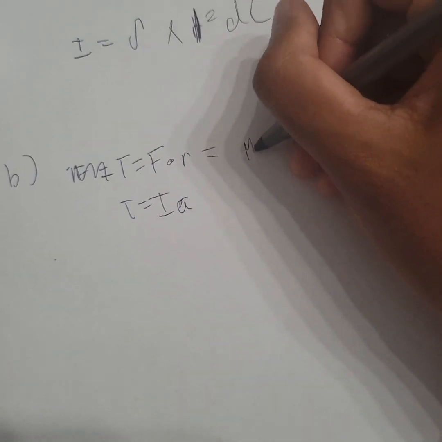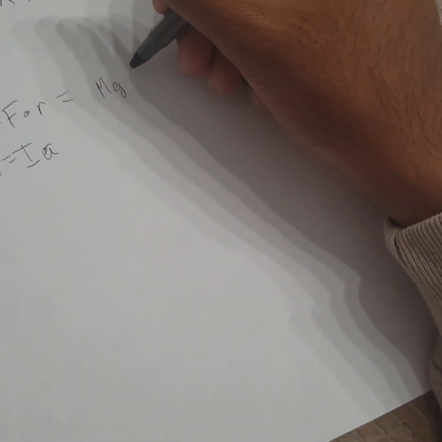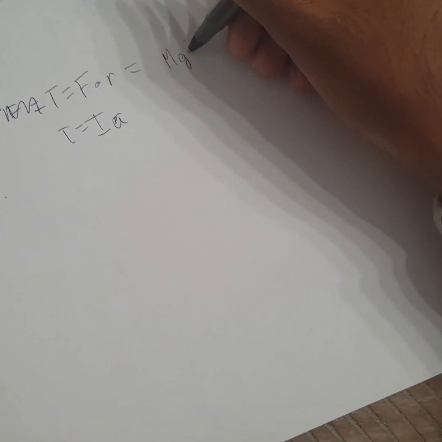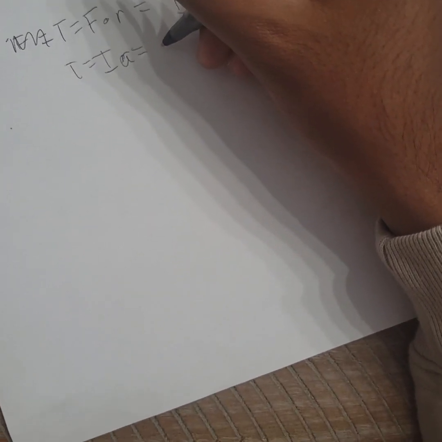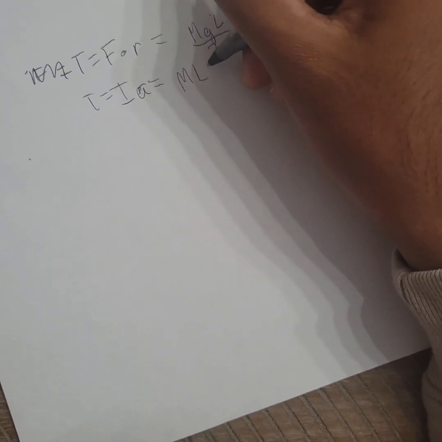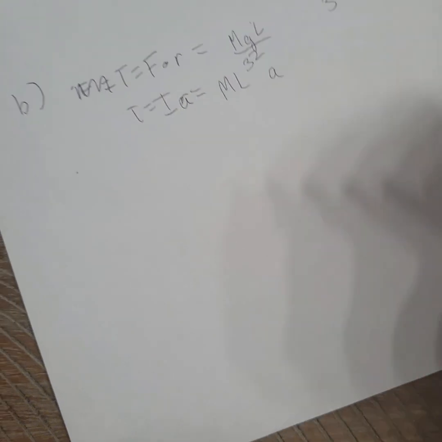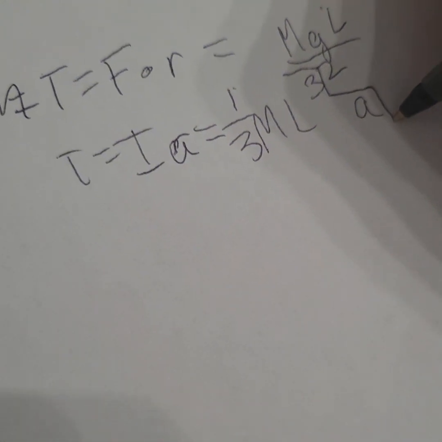So if you solve for the first, you'll find that this is going to be equal to mg, which is the gravity force, and then your radius is going to be L over 2, and then you're going to set that equal to the rotational inertia times alpha, which is 1/3 mL squared alpha.